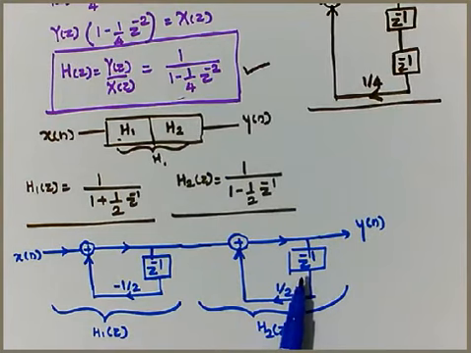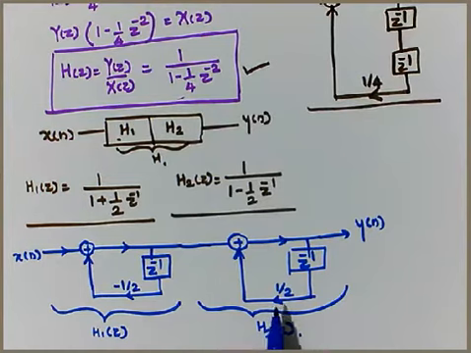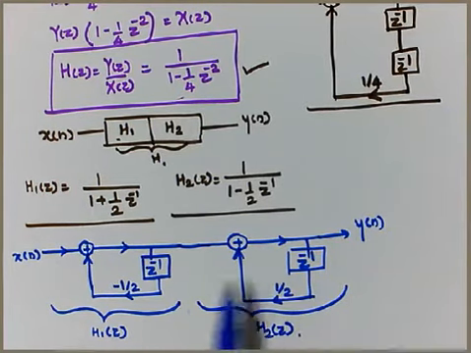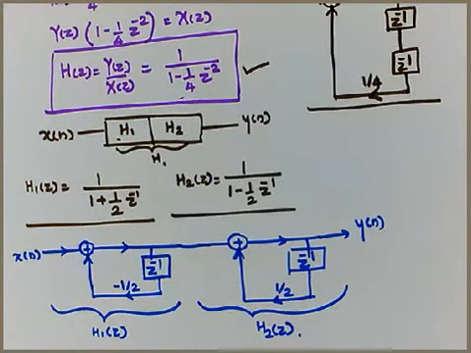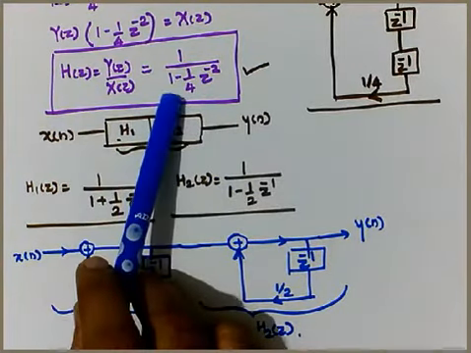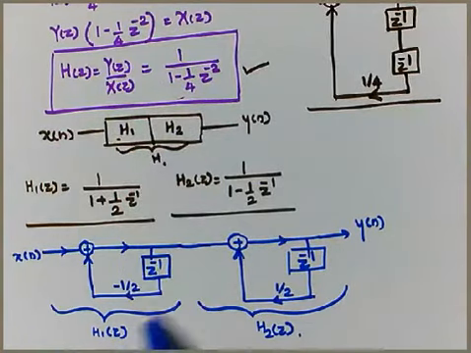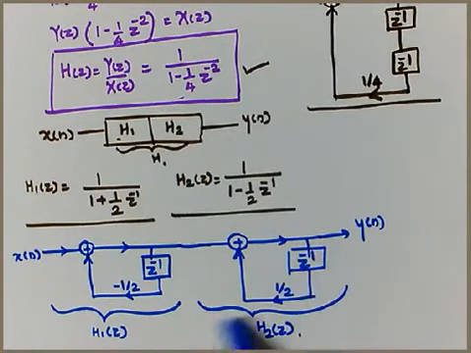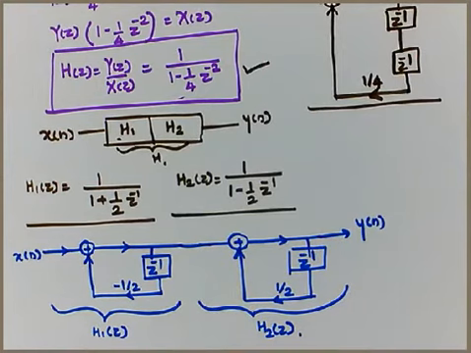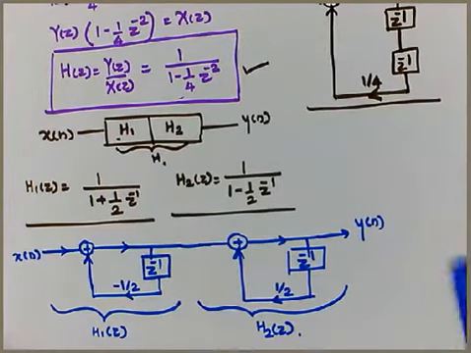Similarly, we can do it with the help of the direct form 2 realization also, where the z inverse block will come at the center, which can be a further simplification for the same problem. So this is the cascade form realization. In the same way we can distinguish whatever h of z is given to us into two different parts and represent each part with either direct form 1 or direct form 2 realization. So that is all about the cascade form realization.